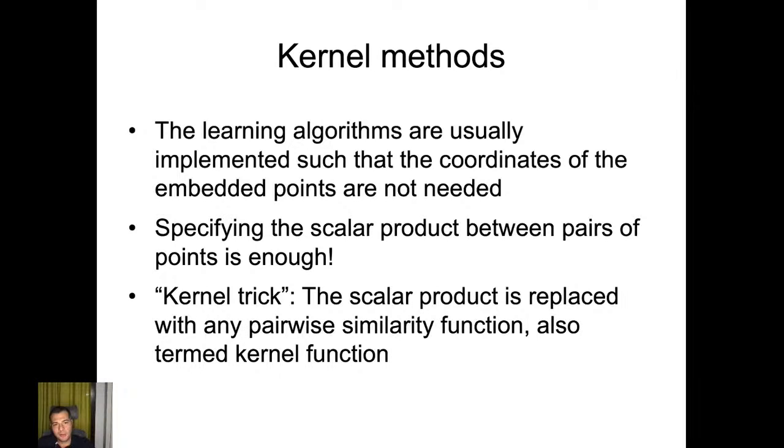This is also called the kernel trick. It's a term that is commonly used in scientific articles and books explaining kernel methods. The kernel trick is to replace the scalar product with a pairwise similarity function, such that you don't need to perform the embedding, but you just need to compute the similarity directly.